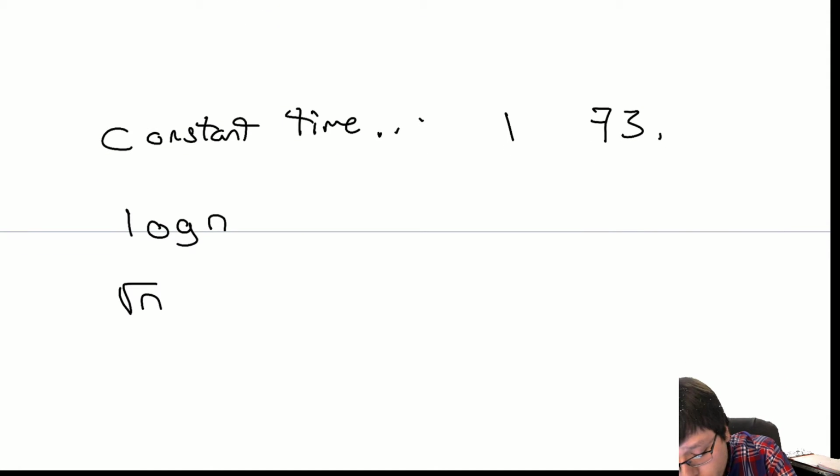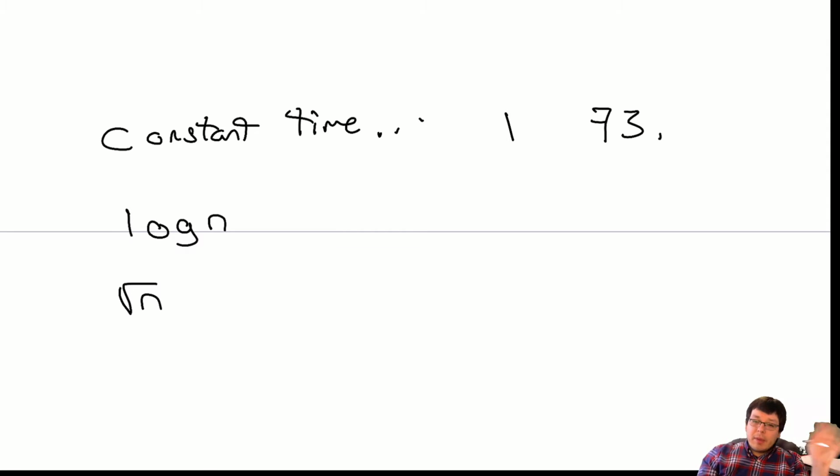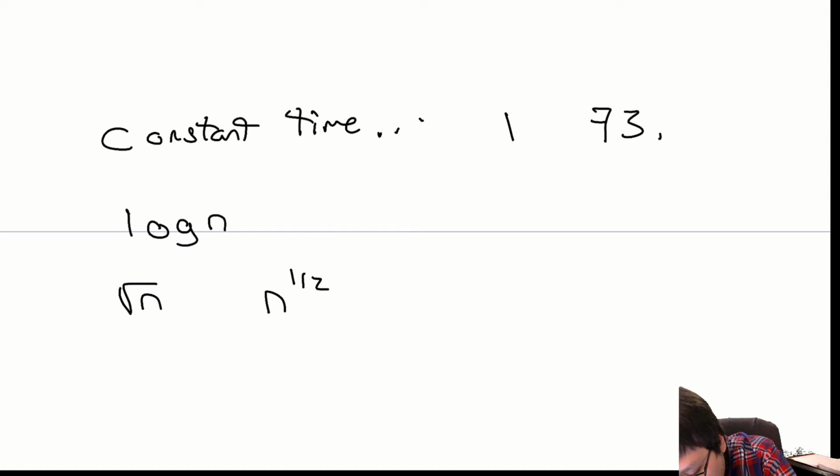There's also square root of n. Somebody proved in math that these are similar in terms of time complexity. I don't feel like doing the math for that, but you can do it. By the way, n you can rewrite as n divided by half, and then if you take the logarithm of both sides, you do log 2 of n divided by 2.